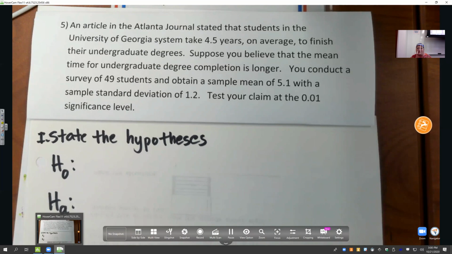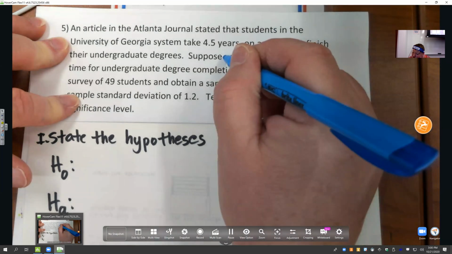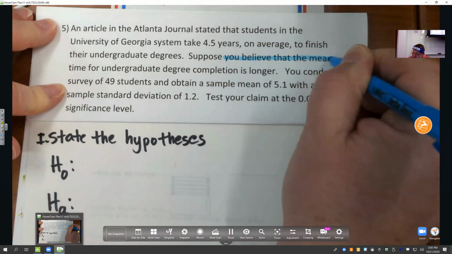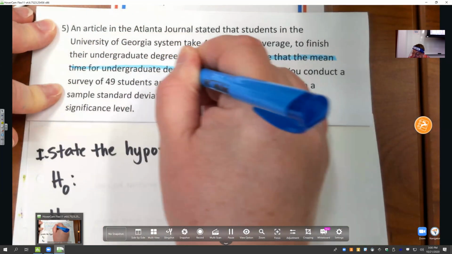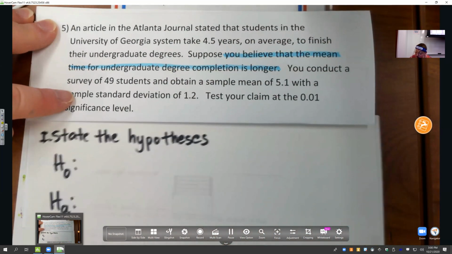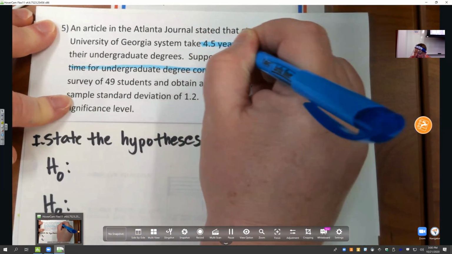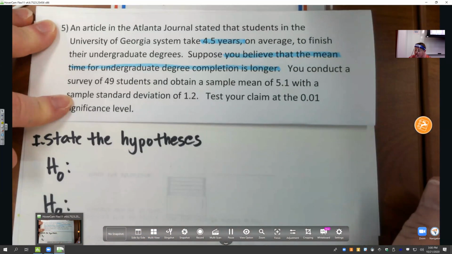Remember, you want to look for words like conclude, believe, think, determine. And this one's kind of in the middle because it says you believe the mean time for undergraduate degree completion is longer. And you may say, well, longer than what? Well, longer than what the newspaper reported as 4.5 years.